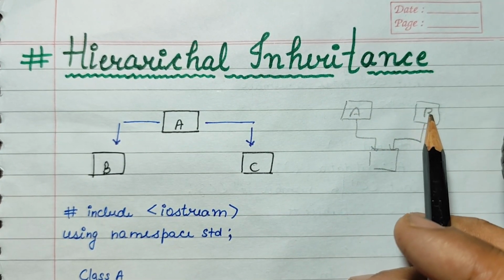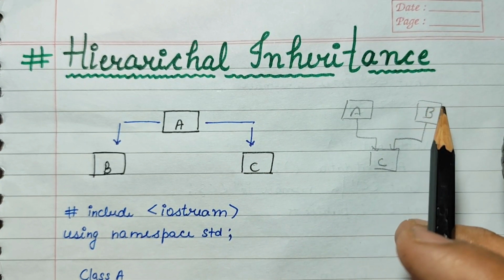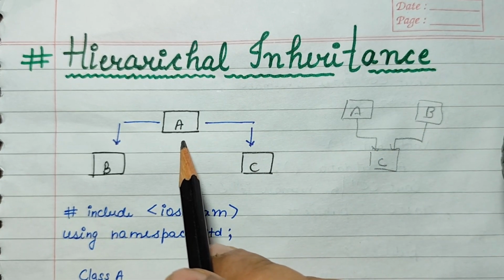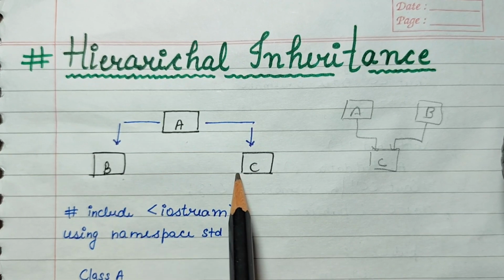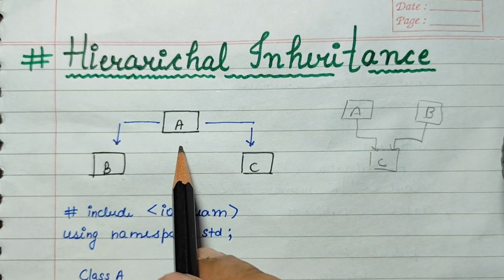In multiple inheritance we have two or more base classes, but in hierarchical inheritance we have only one base class and we derive two new classes from it.